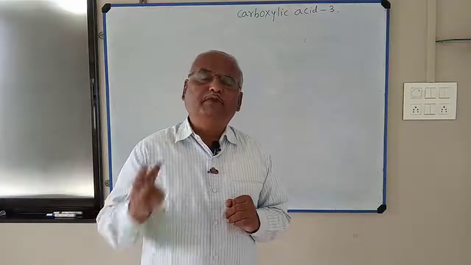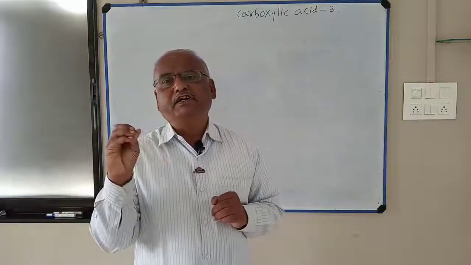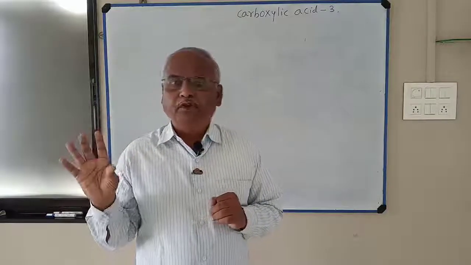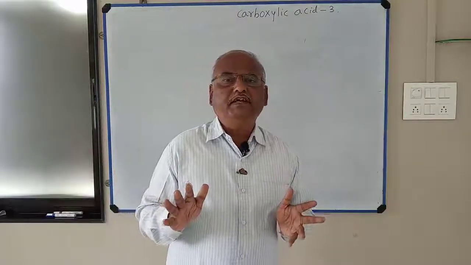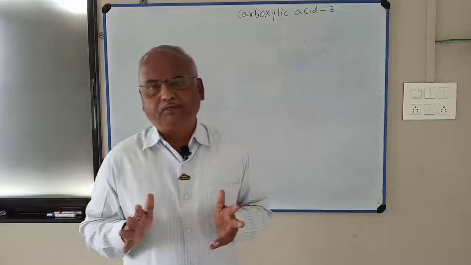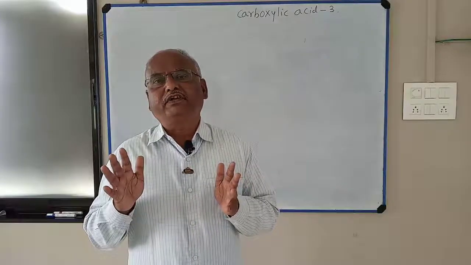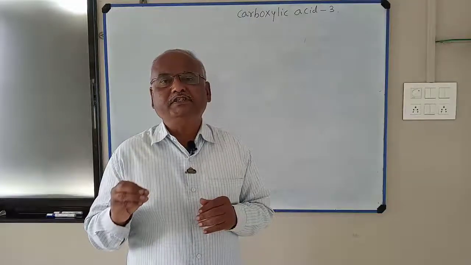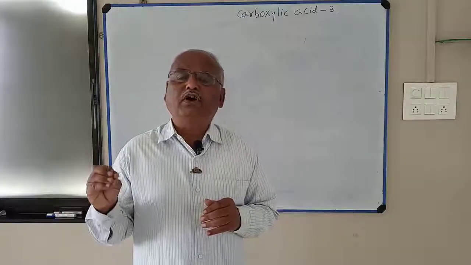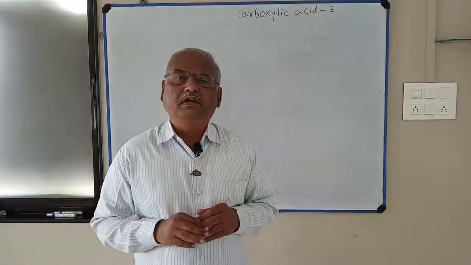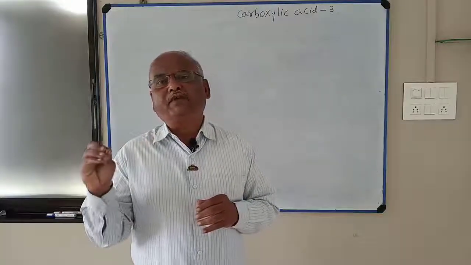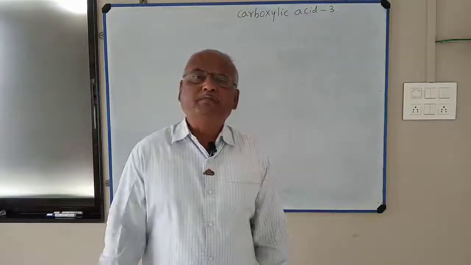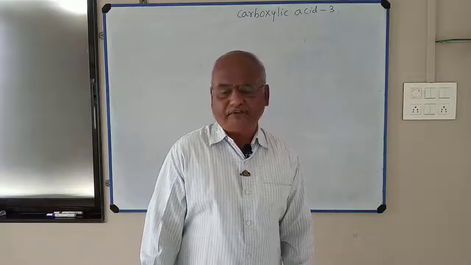And the fourth method by using Grignard reagent. You know that alkyl magnesium halide is known as Grignard reagent. By carboxylation or carbonation of Grignard reagent, by using solid carbon dioxide, we can prepare carboxylic acid.